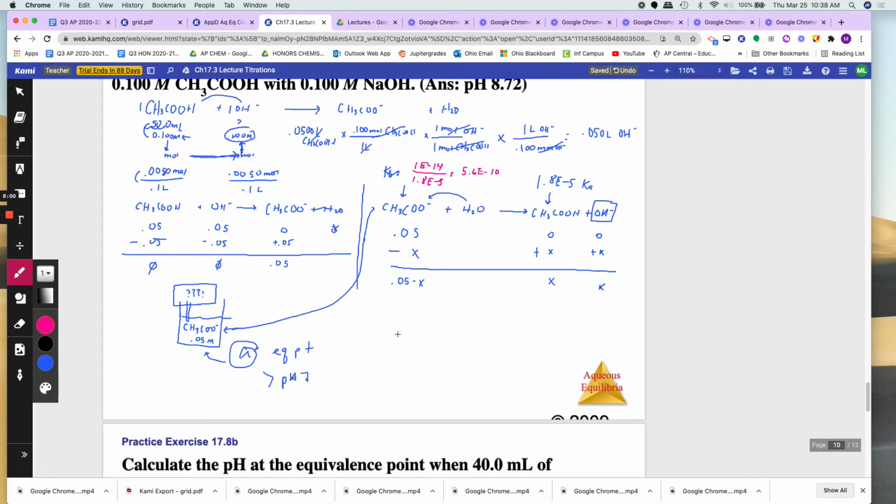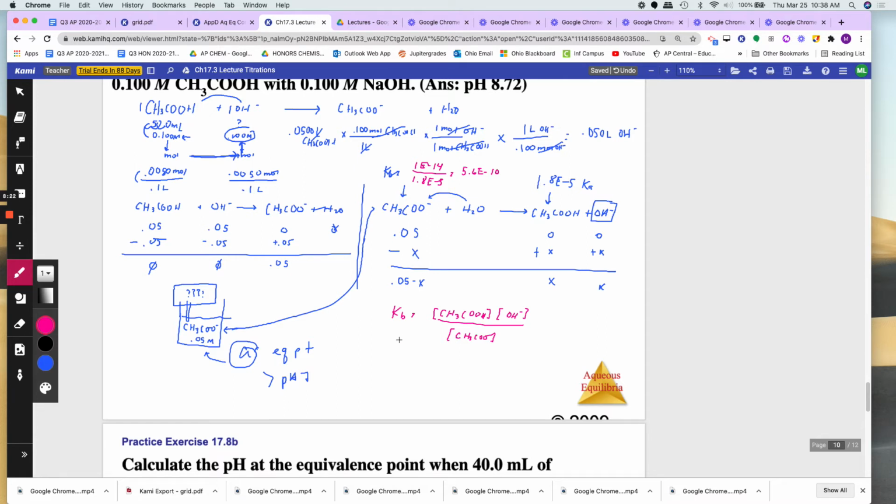So the equation will look like this: Kb is equal to CH3COOH times OH minus, over CH3COO minus.